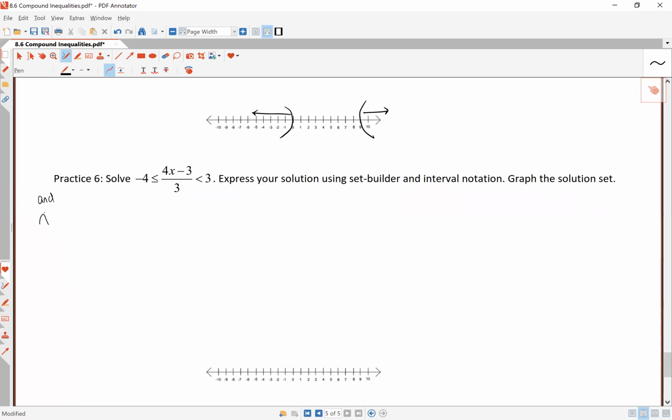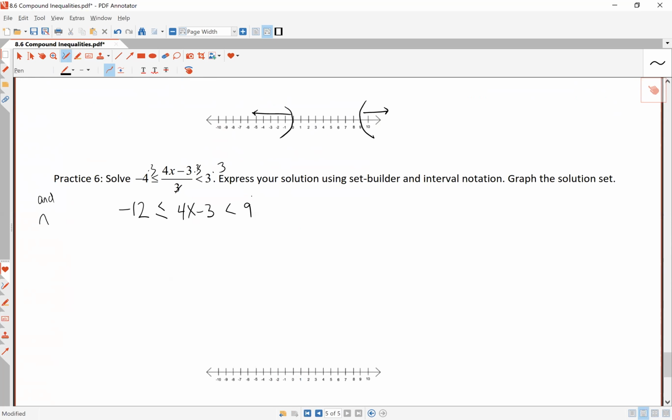Now that you've had a chance to work this out, I'll work this out with you. Let's multiply both sides of this inequality by 3. And that'll give us negative 12. The 3's will cancel. And 3 times 3 is 9. We'll clear that 3 in the denominator.